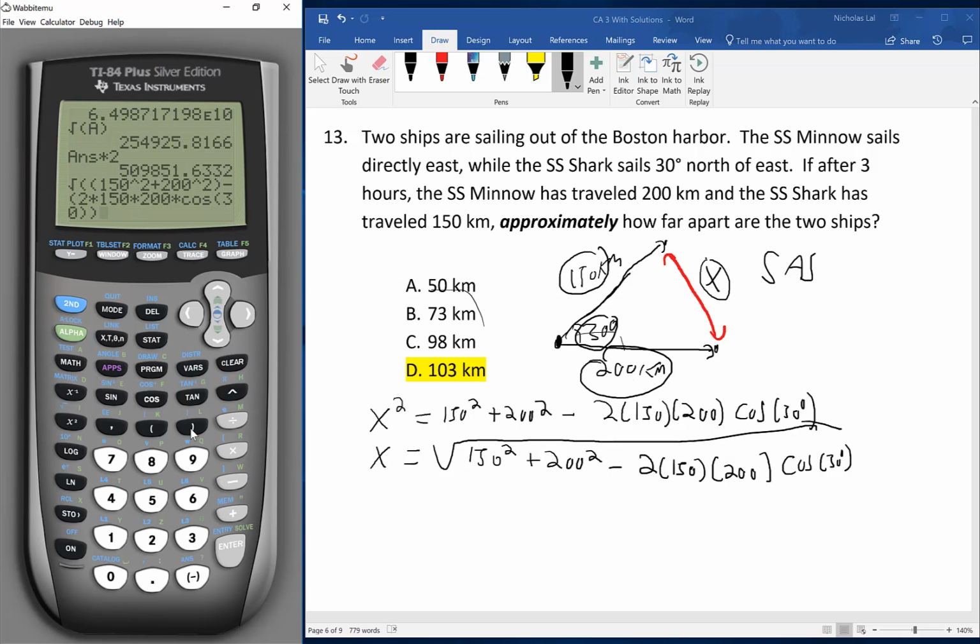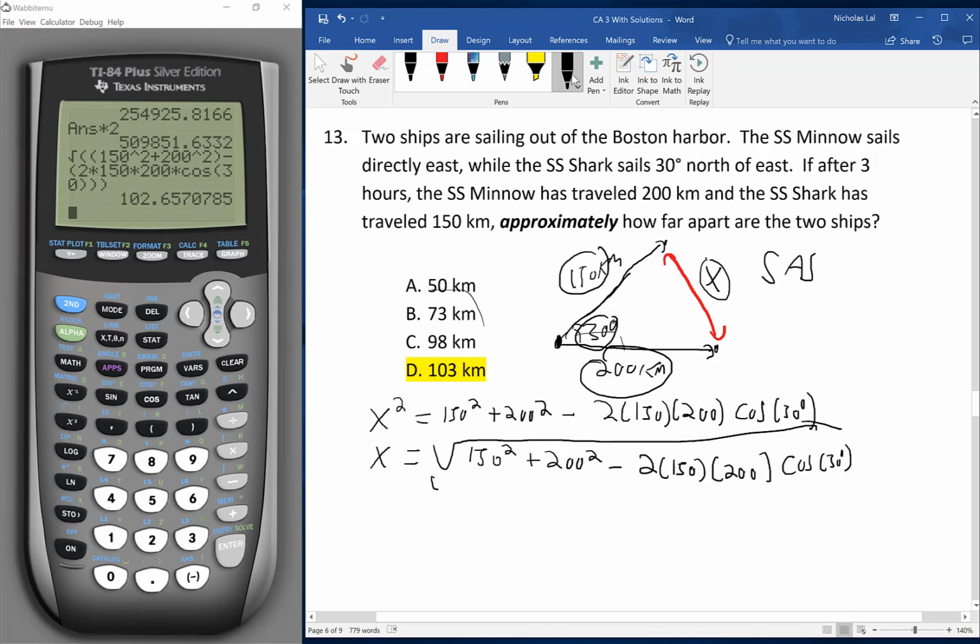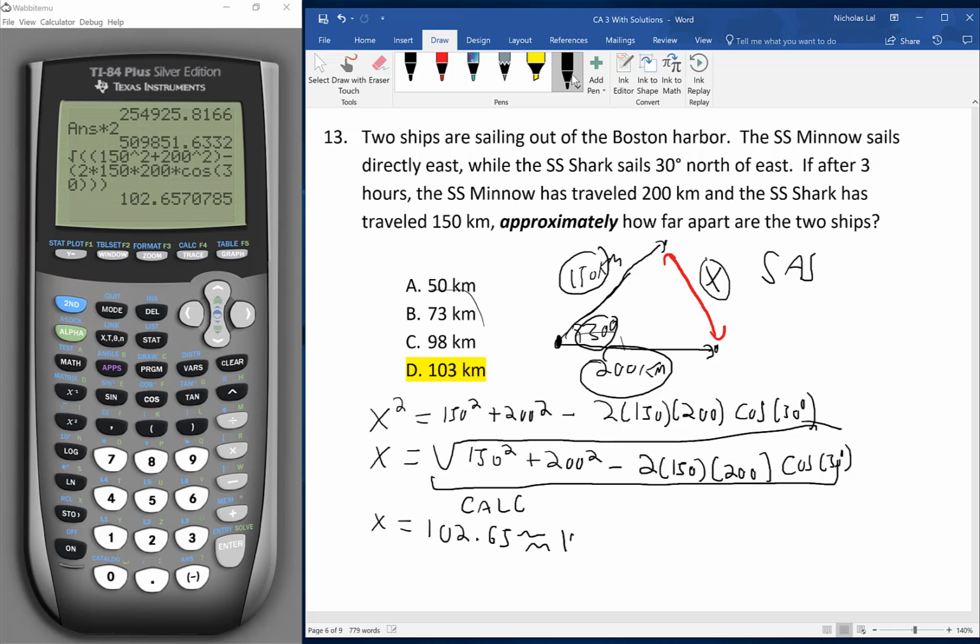Plug that into the calculator. So evaluate this value in the calculator. And x is going to be equal to 102.65, which is approximately equal to 103.